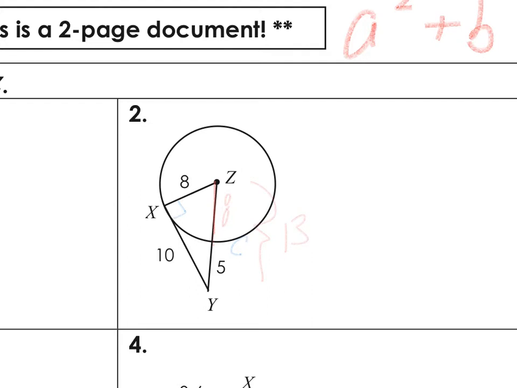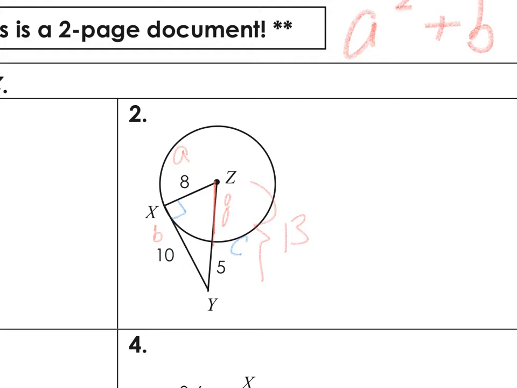So your hypotenuse, the C, is really 13 in number 2. This could be A, and this could be B when you plug them into the Pythagorean theorem. So you're going to say 8 squared plus 10 squared equals 13 squared.